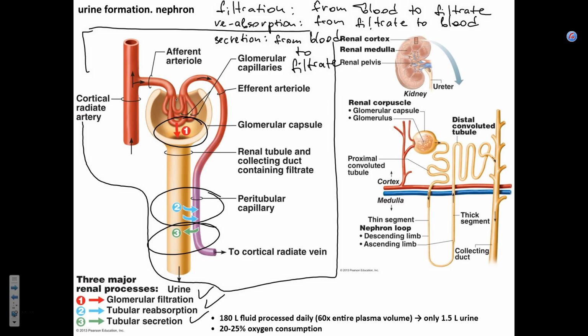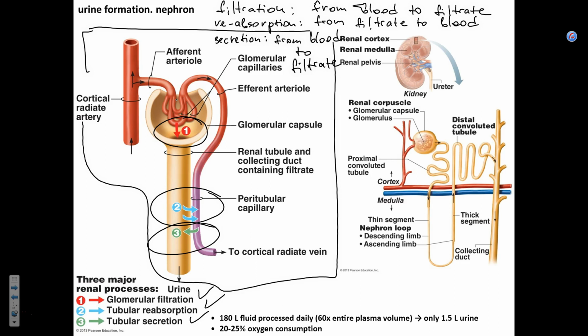So what we're going to do, we're going to figure out how kidneys manage to regulate the amount of fluid and concentrate the urine to the extent that you lose only about 1.5 liters of water a day. Kidneys essentially not only filter, they also conserve water. Does that make sense? Good?